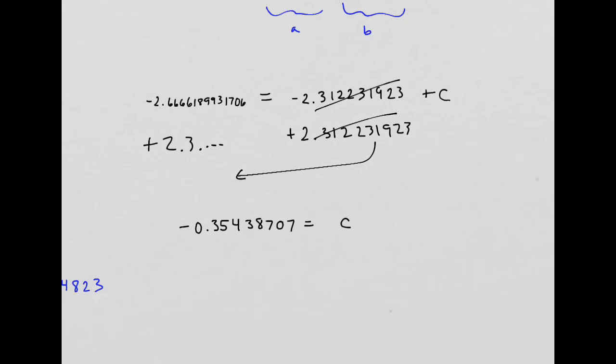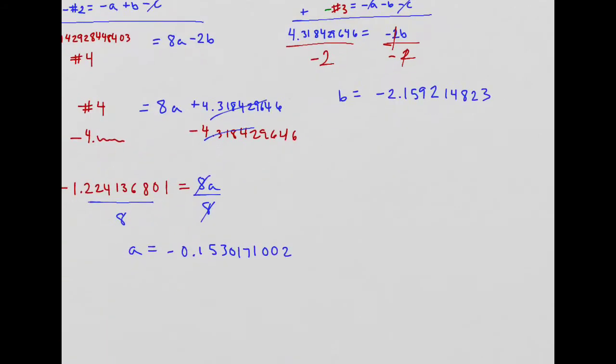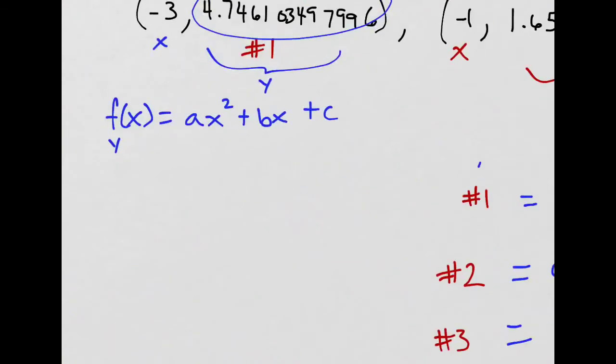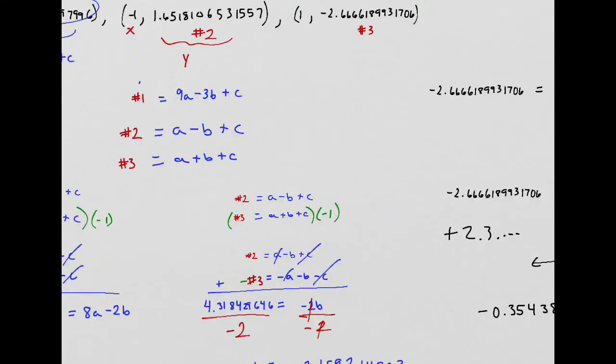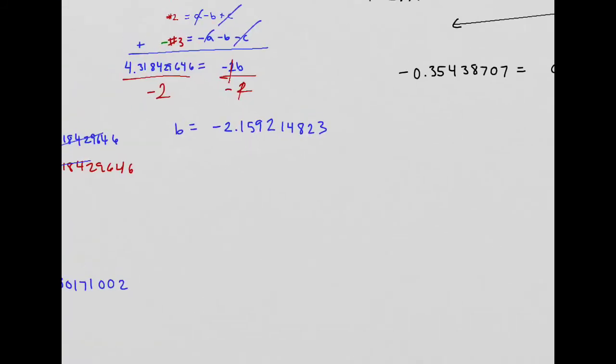And now, time to put it all together. So I did all this work. I got A, B, and C. But remember, those are coefficients of my quadratic function. So really, my giant quadratic function, I'm going to write somewhere over here. That'll be f of x, first of all.